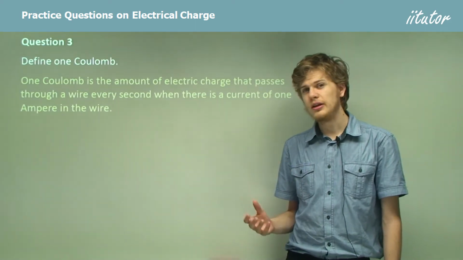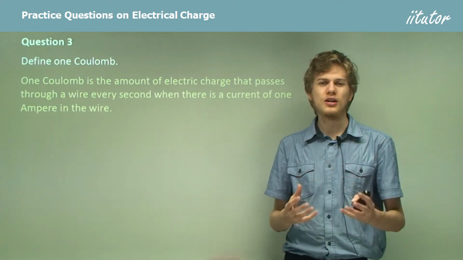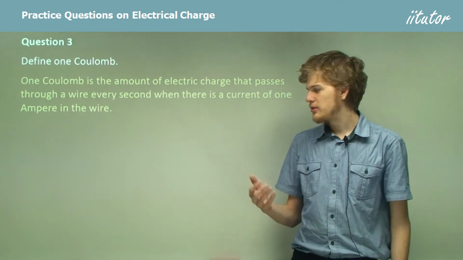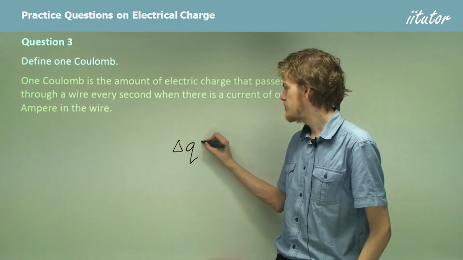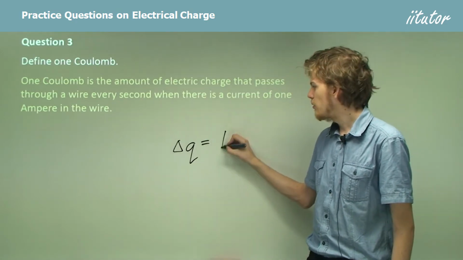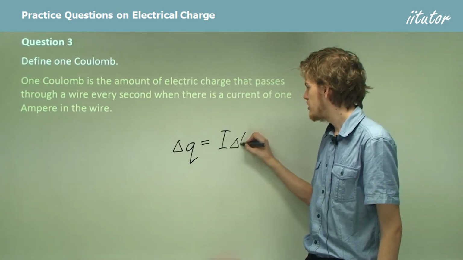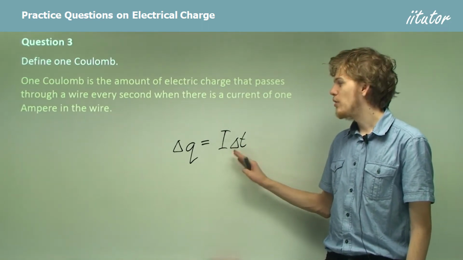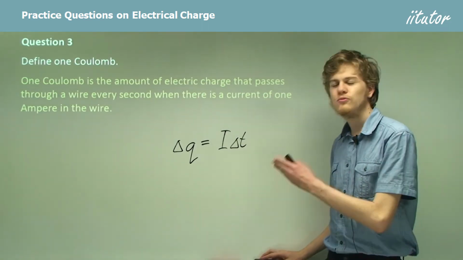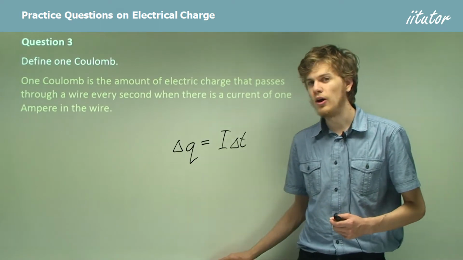We know that current equals change in charge over change in time. So rearranging the equation, we have change in charge equals the current times the change in time. Therefore, if we have 1 ampere and we wait 1 second, a charge of 1 coulomb will pass through the wire.